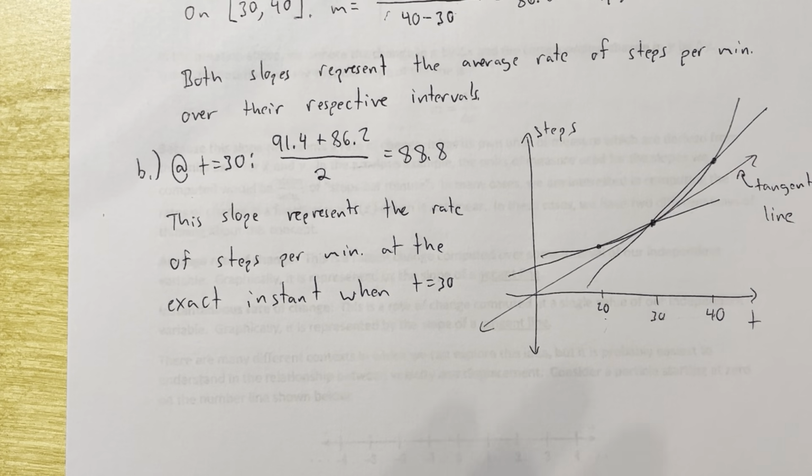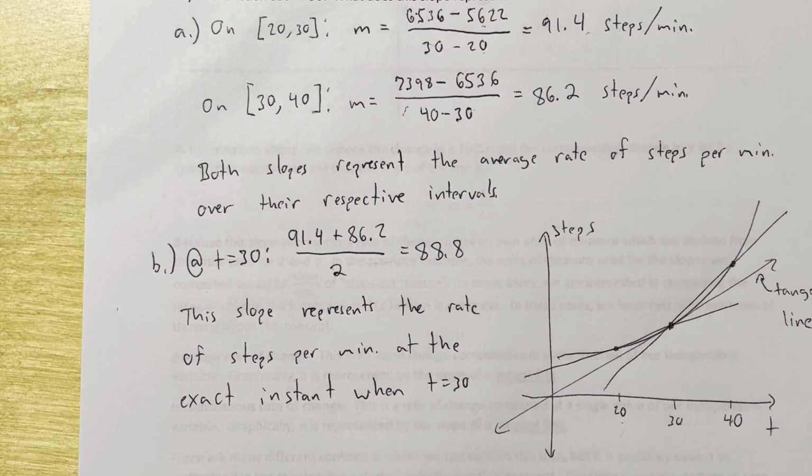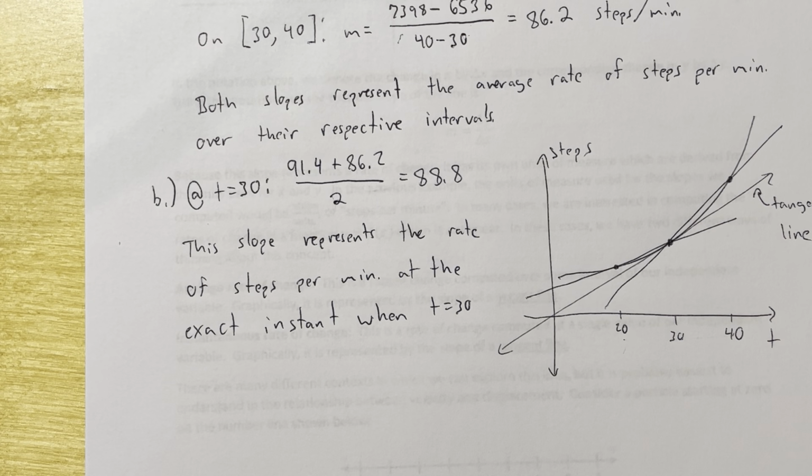Okay, so we're no longer looking at average rates of change over an interval of time. I'm looking at the instantaneous rate of change in steps per minute at the exact moment that t equals 30.